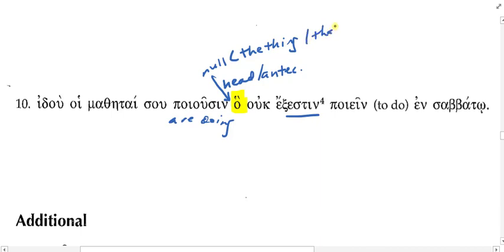Or that, as in that which. So look, see, your disciples are doing the thing which, or that which, uk exestin poien, it is not lawful to do. En sabbato, on Sabbath. Okay?